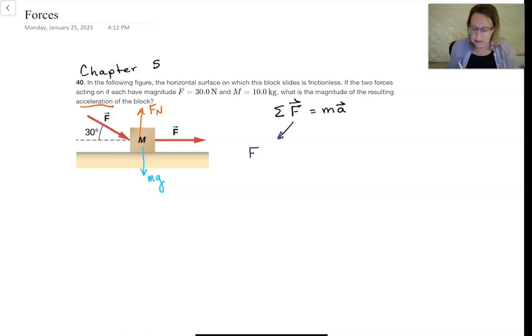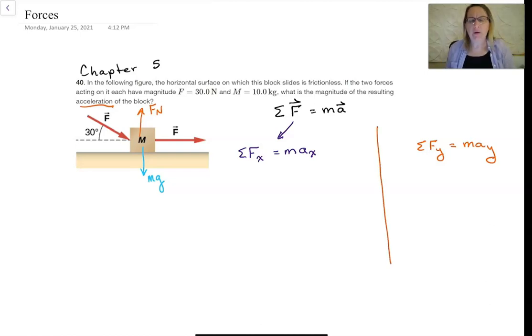One is add up all the forces in the x direction to give me mass times acceleration in the x direction, and then add up all the forces in the y direction to give me mass times acceleration in the y direction. The first thing to note here is that because it started from rest and it's not going up or down, it's continuing to have zero acceleration in the y direction.